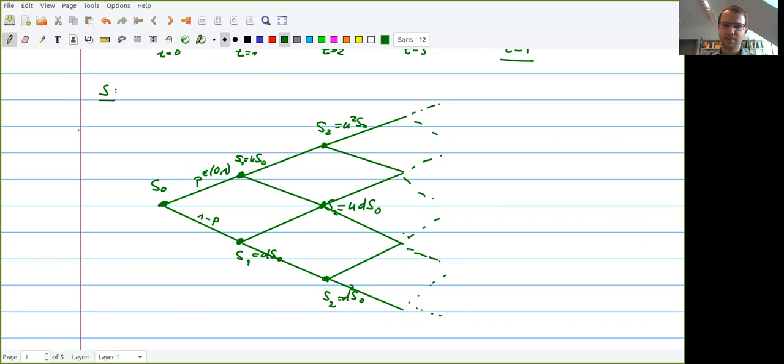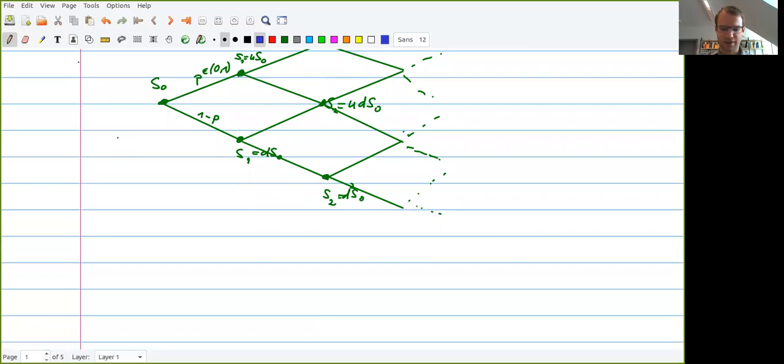And to make our life interesting, the probabilities to go down and to go up should both be strictly positive. All right. So that's our tree describing the financial market.